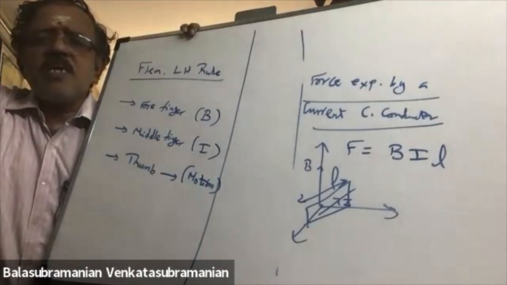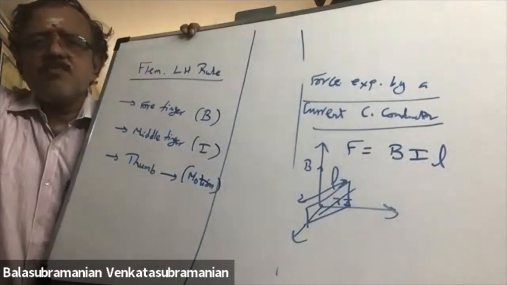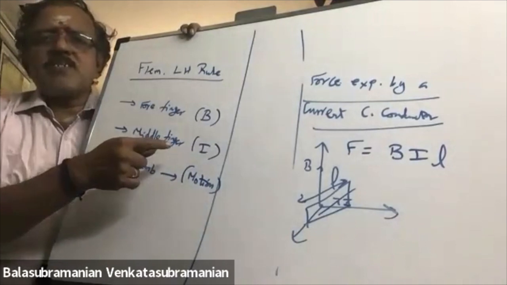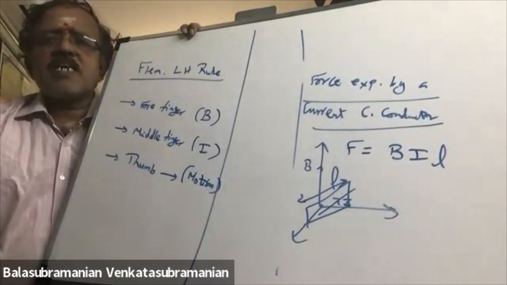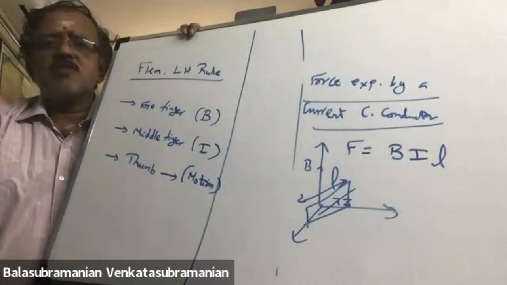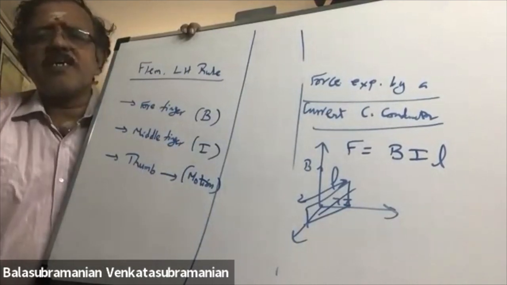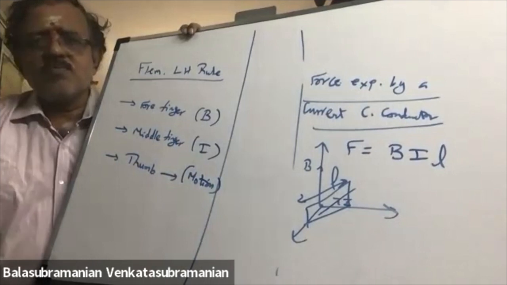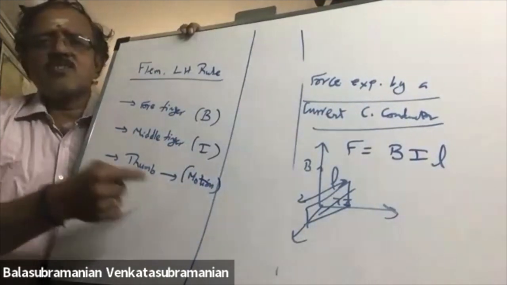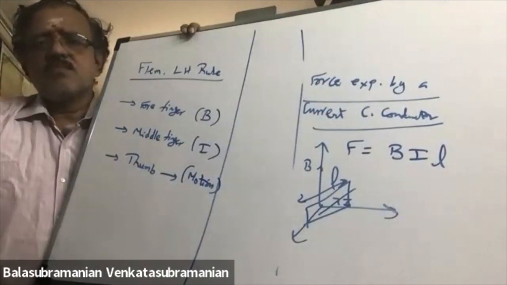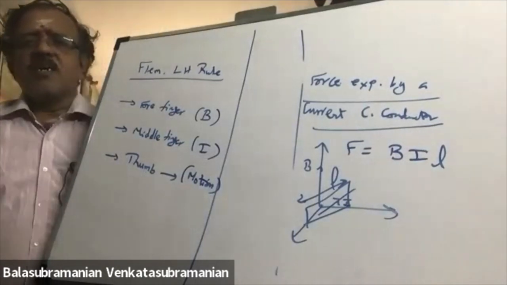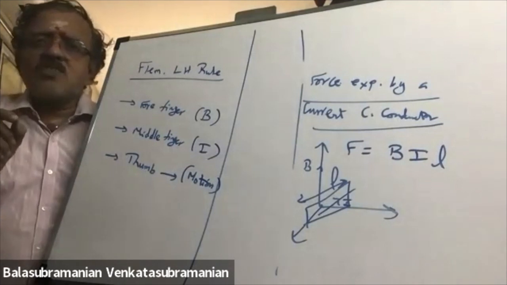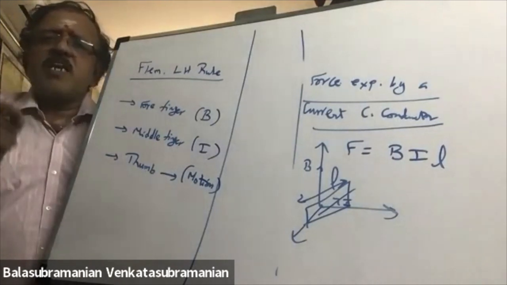Forefinger represents direction of magnetic field. Middle finger represents direction of current. Then the thumb represents direction of motion, meaning direction of movement of the conductor. It experiences the force, which means it should move. Correct? So this is basic information regarding a charge or a conductor placed in a magnetic field.